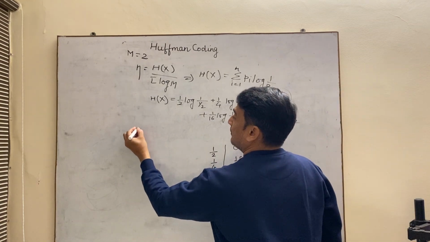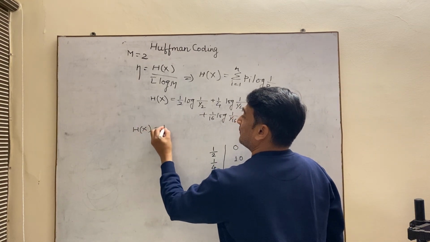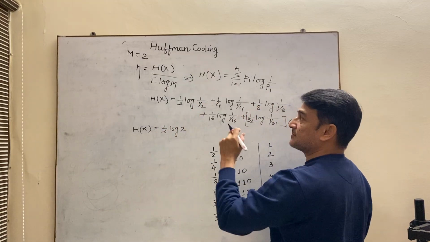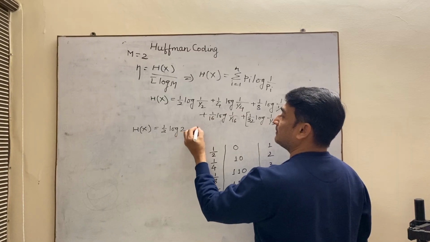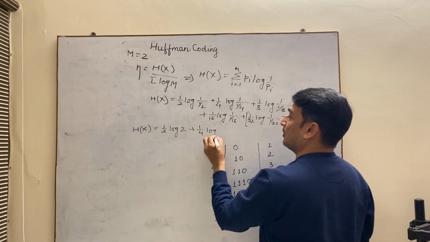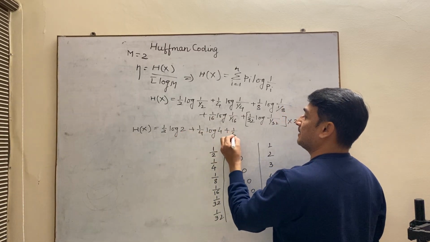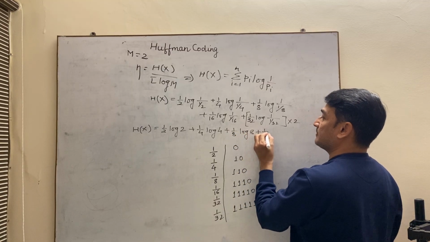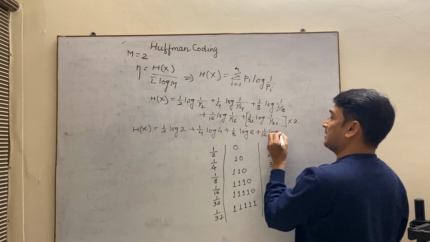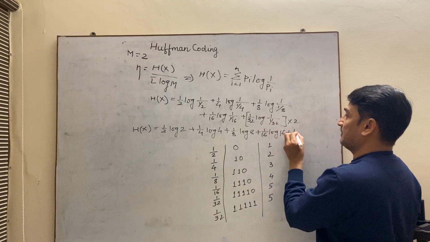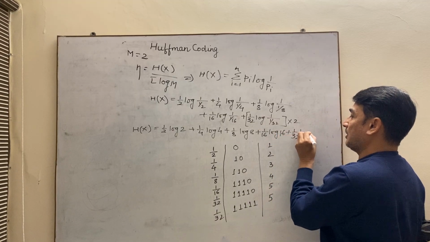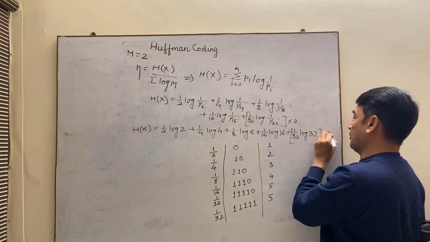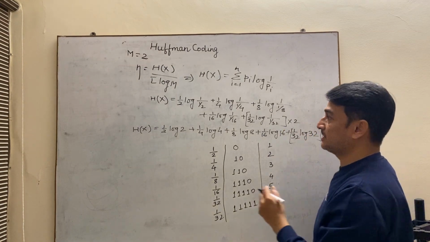So now Hx can be written as 1 by 2 log 2, because this comes to the numerator. Then 1 by 4 log 4 plus 1 by 8 log 8 plus 1 by 16 log 16 plus 1 by 32 log 32 into 2, because it is coming twice.